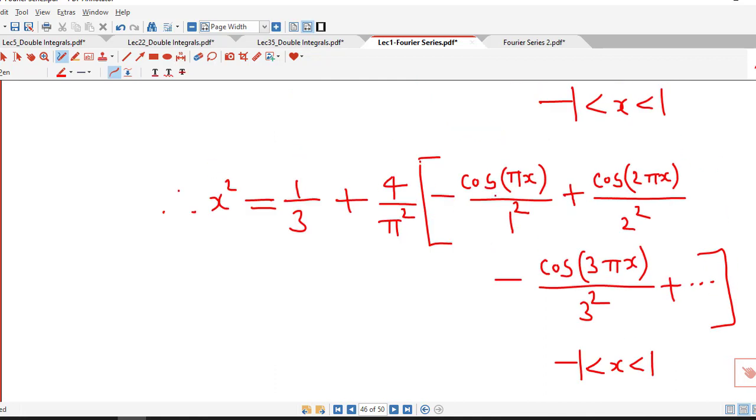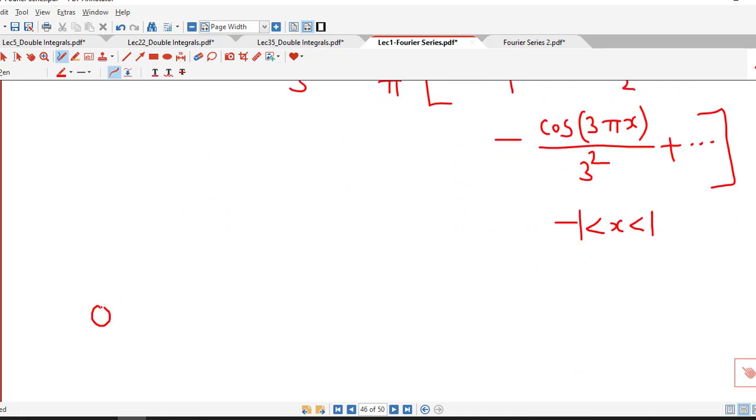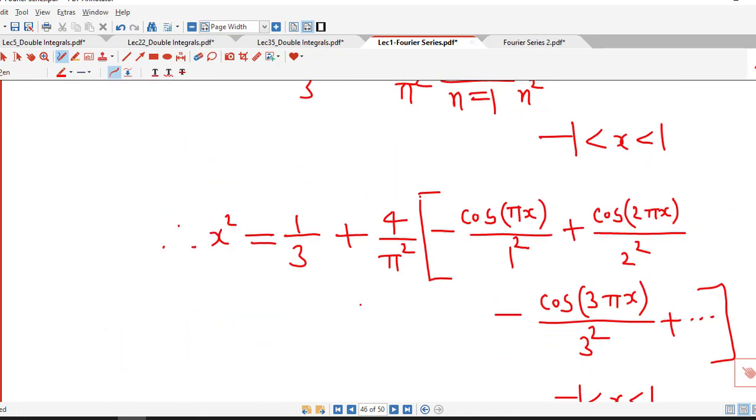We can further simplify by taking the negative sign outside the bracket. This is just so that it will look nice. x square equal to 1 by 3 minus 4 divided by pi square.